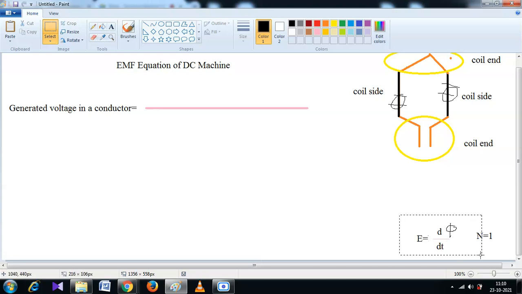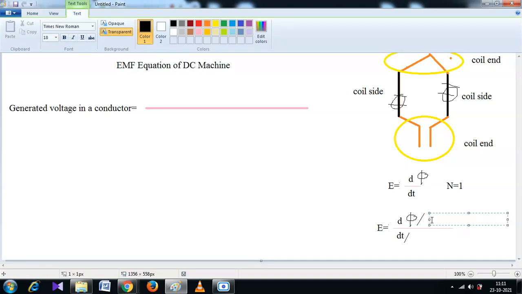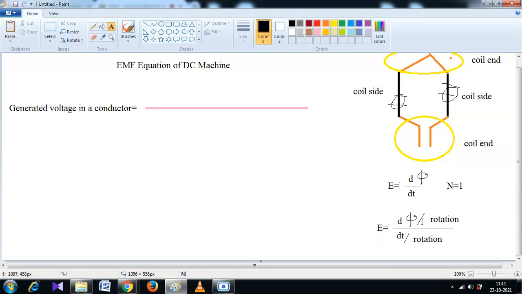Now what is our expression? Now tell me, can I modify the expression like that?